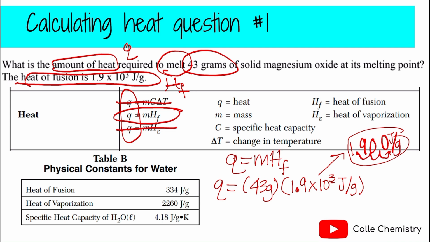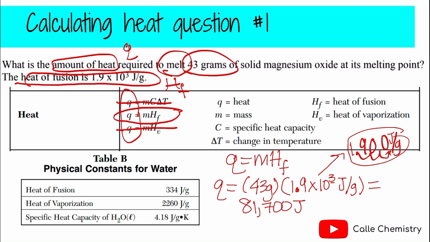Okay, now if you put this on your calculator, you're going to get an answer of 81,700 joules. Or let's say that the question is asking you to calculate the heat in kilojoules, which is sometimes what they will do.